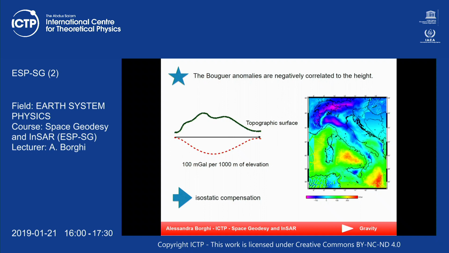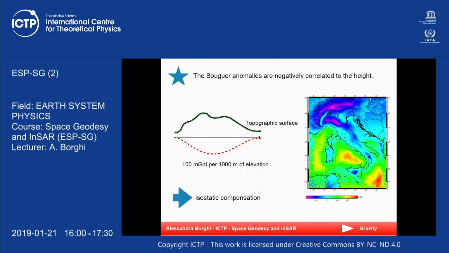Outside, in the Italian seas, we have some data given by, for instance, BGI, a service of the IAG that collected gravity data, and you can see lines because the measurements were performed by ship, along the ship tracks. Also in Africa we need data all around Italy, but in foreign countries we have less data, of course.